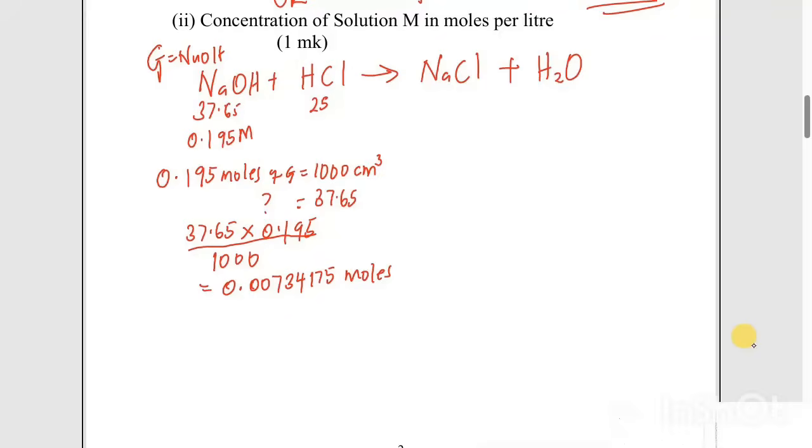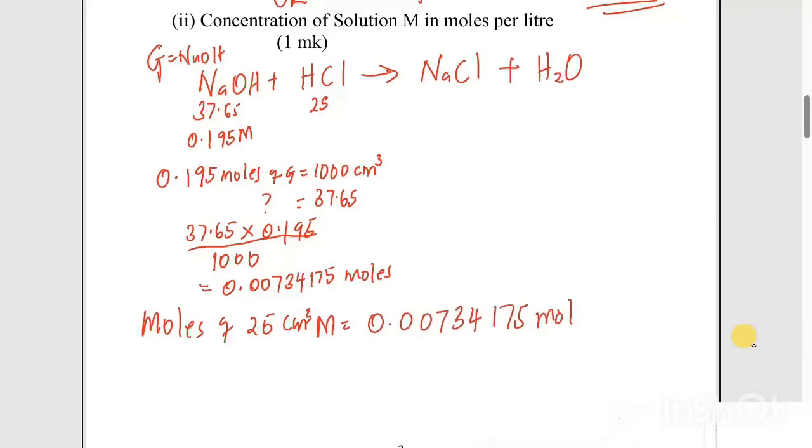So meaning moles of 25 centimeters cubed of solution M is equal to 0.00734 because the mole ratio is 1 to 1.